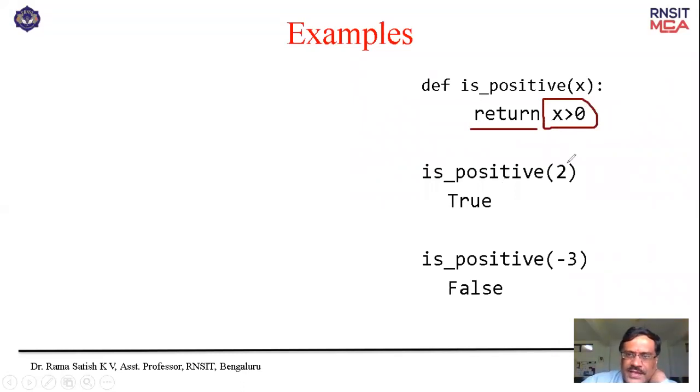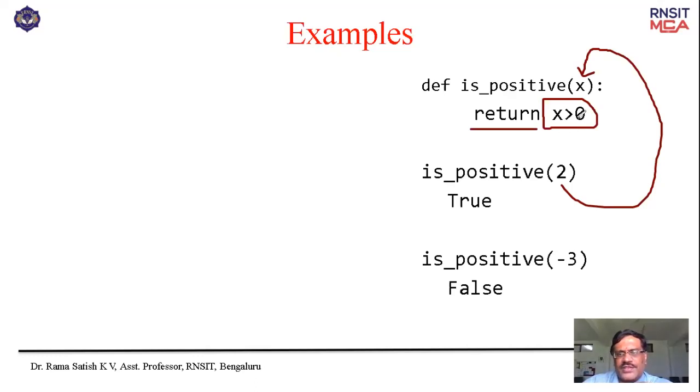You are passing a value, the name of the function is positive, and if the function gets the value x, and if the x value is greater than 0, then it returns true. If it is not greater than 0, then it returns false. Okay, that means all true values you can say are positive numbers.